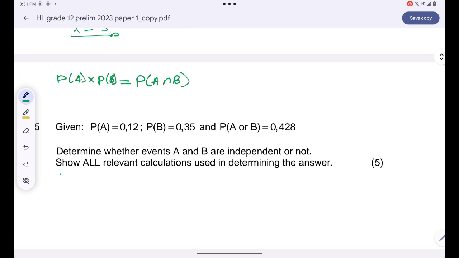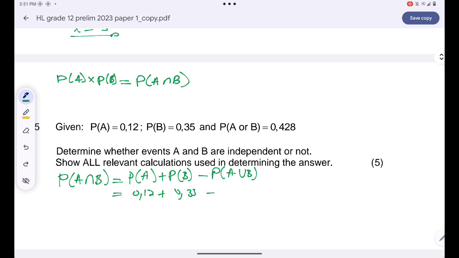How can we do that? The probability of A and B is basically the probability of A plus the probability of B minus the probability of A or B. This is just 0.12 plus 0.35 minus 0.428.